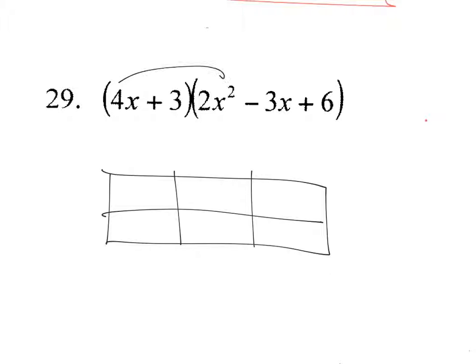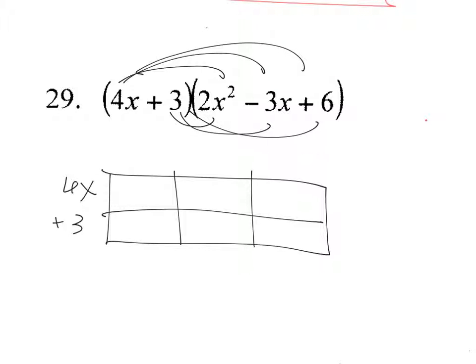You can do the same thing if you're doing your similar to a FOIL method, but everything's got to be multiplied by everything. So I got 4x plus 3 on this side, 2x squared minus 3x, and a plus 6 here. I'll fill in my boxes now.